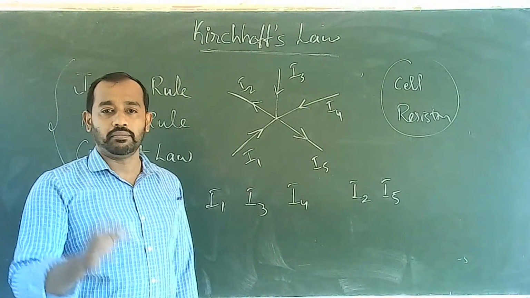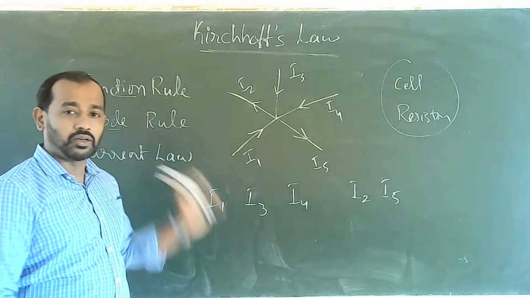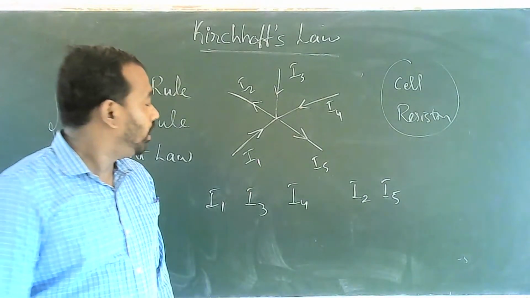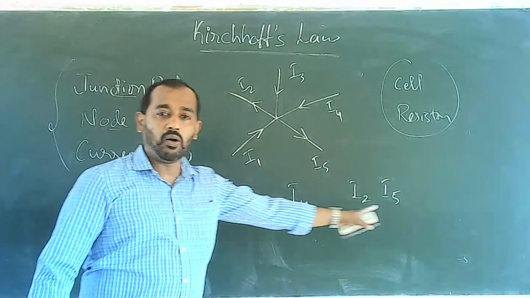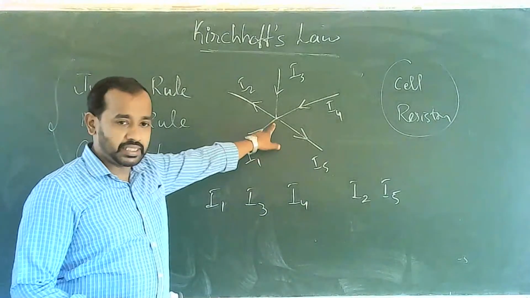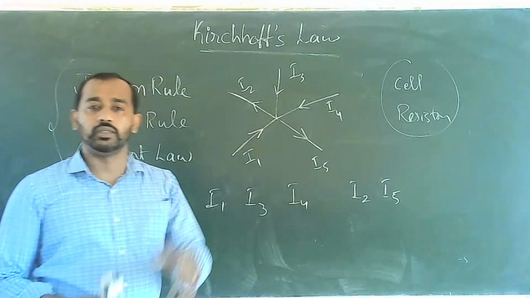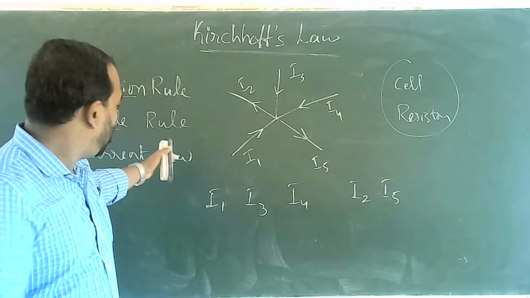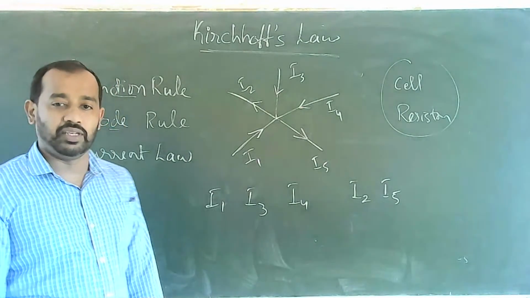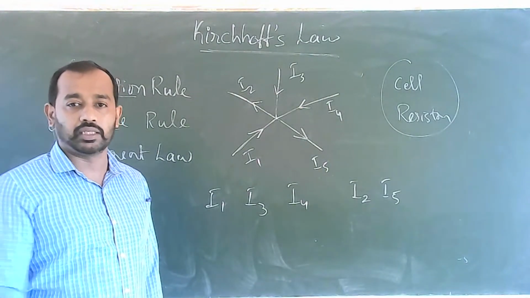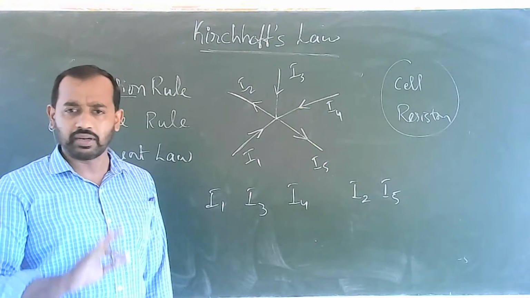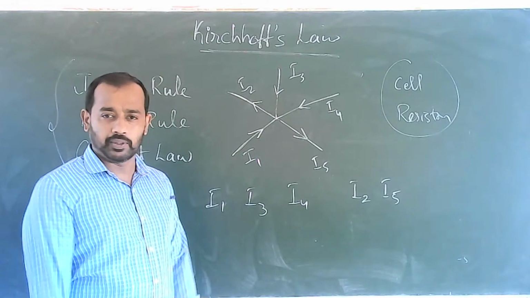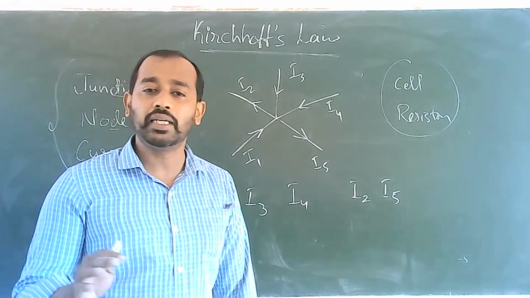What does Kirchhoff's current law, or Kirchhoff's node rule, or the junction rule, propose? It suggests that the algebraic sum of all the currents at a junction should be equal to 0. That means we have to apply a sign convention. It is only our convention; it is not necessary that the current flowing into the junction should be treated as positive.